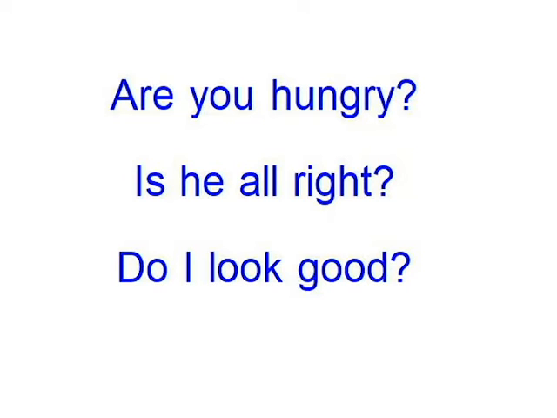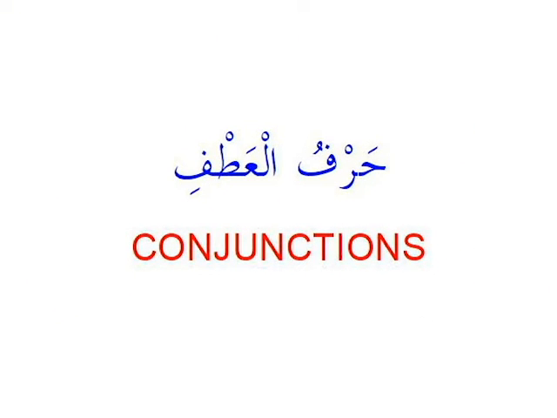Now, before discussing those situations and sentences where Hal is not used, I'd like to mention one more thing. There are different types of particles and prepositions used in Arabic. One of them is huruf al-atf, meaning conjunctions.